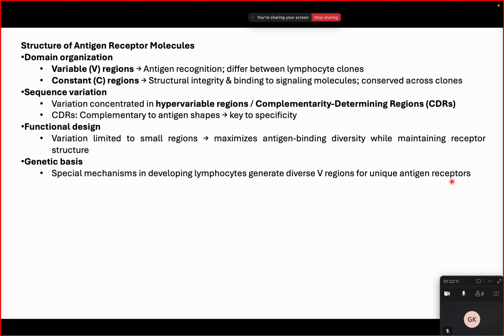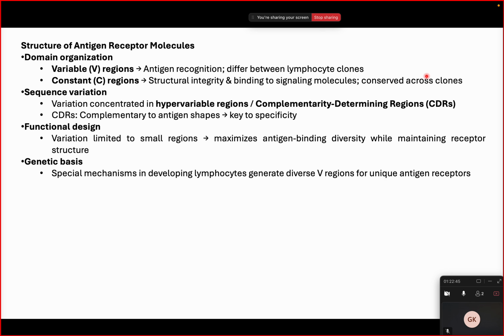Okay. Then we started going into the structure of these antigen receptors or T cell receptors. Okay. So overall, the organization of regions in an antibody or antigen receptors has two major regions. One is the variable region and the other is the constant region. So the variable region, the antigen recognition region, differs between lymphocyte clones.